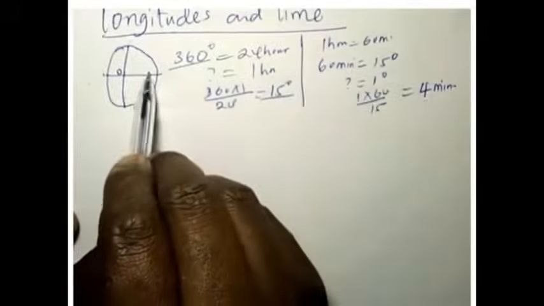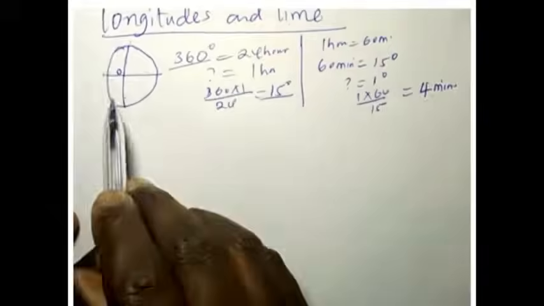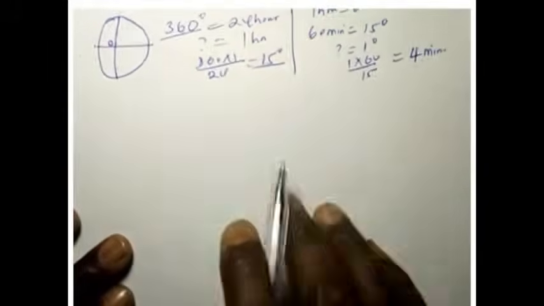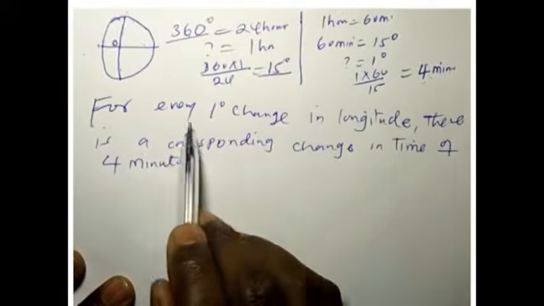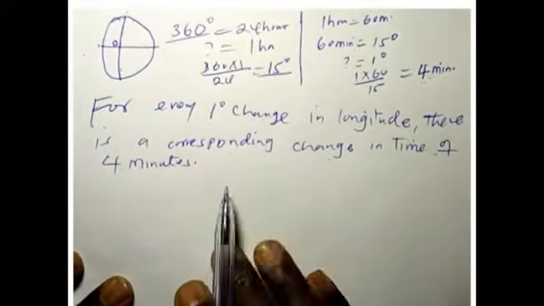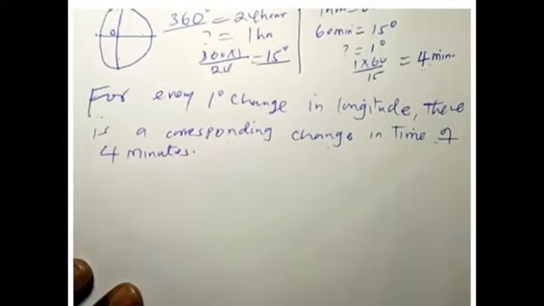The time to the west is behind. So for every 1 degree there is a time of 4 minutes, very important. We are going to use this relationship to calculate the time at given places.